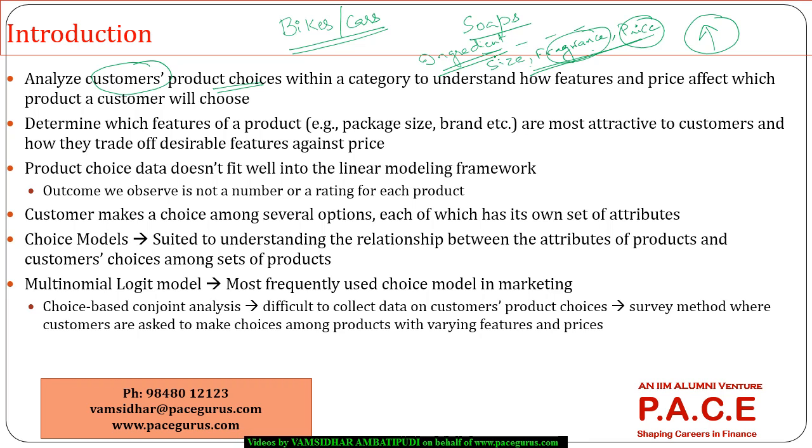So I really need to have an understanding of analyzing the various choices that are available to a customer within a category. So within the soaps, the various options that are available to the customer, and understand how the various features are affecting what product a customer is choosing. To what extent the size of a soap is affecting what he is purchasing, to what extent the fragrance is affecting.